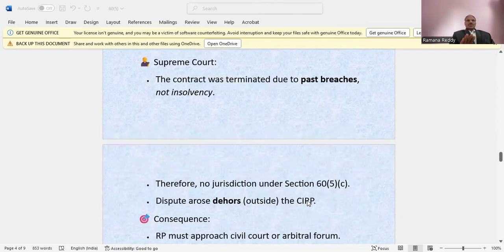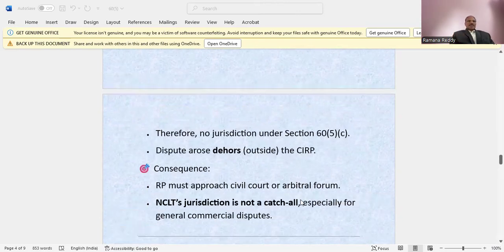So therefore, no jurisdiction under Section 60, subsection 5C. The dispute arose outside the CIRP. So the consequence: the RP must approach the court or arbitral forum. NCLT's jurisdiction is not a catch all, especially for general commercial disputes.